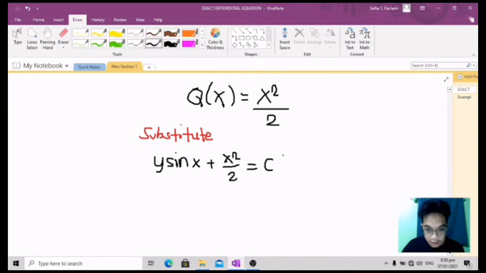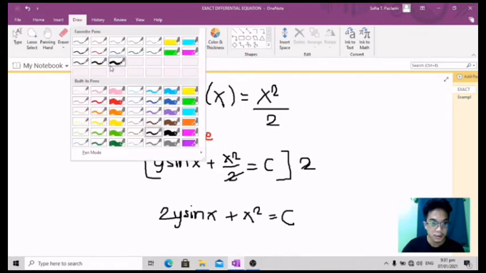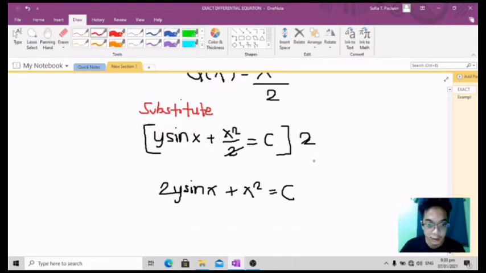So simplify this, equate both equations to 2, cancel, 2y sine x plus x squared is equal to c. So here is the solution to the given DE.